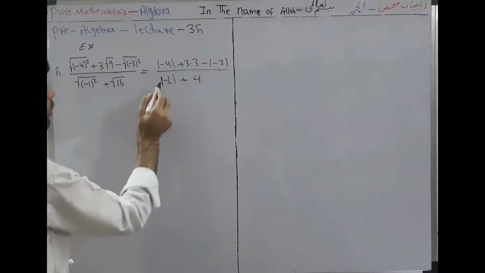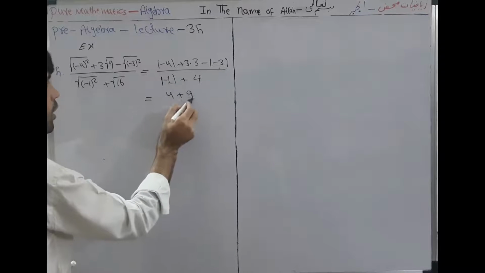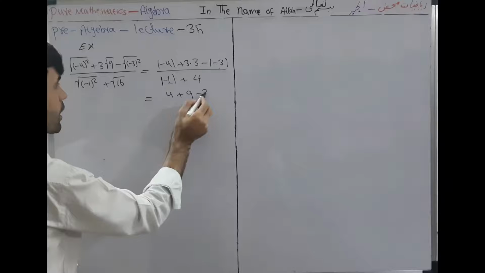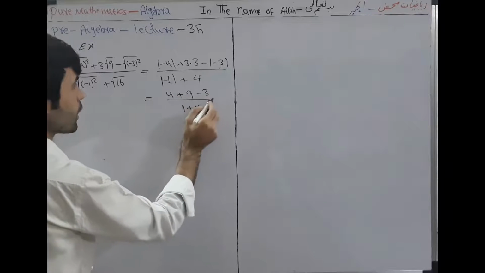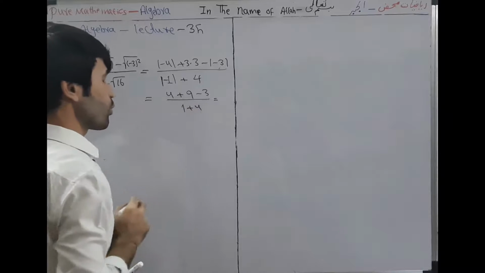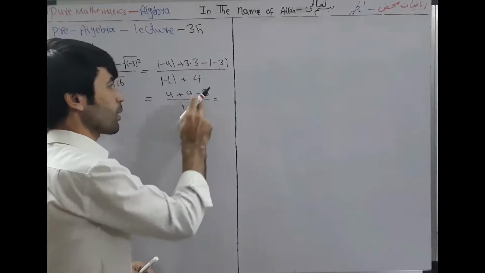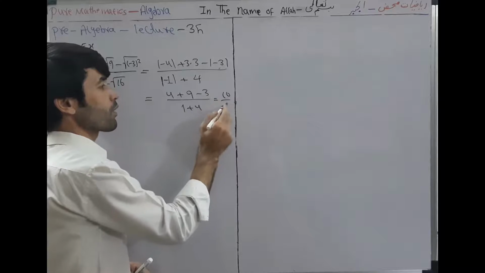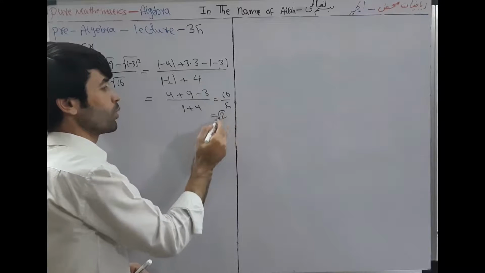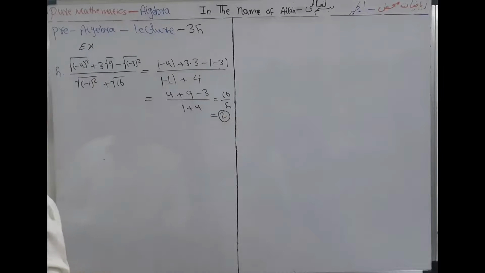It is equal to 4 plus 9 minus 3 over 1 plus 4. It is equal to 4 plus 9, 13, 13 minus 3, 10 over 5. It is equal to 2. It is the answer. Question 5.